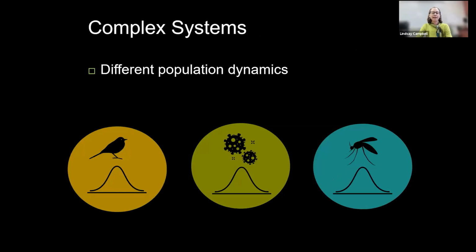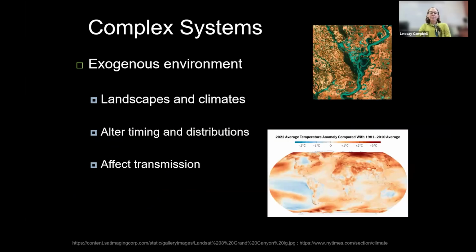They're also complex because each of the components in these systems can have their own population dynamics. And each of these components are impacted by external environmental conditions. So things like landscapes and climate can alter the timing and distribution of when these components are coming together. And all of this affects transmission across different areas.